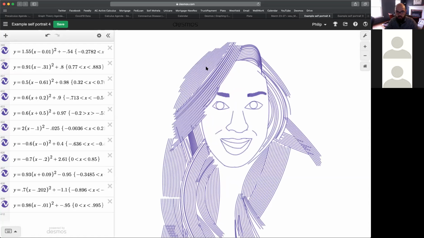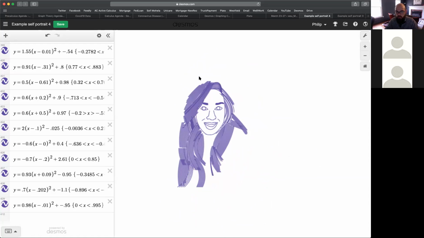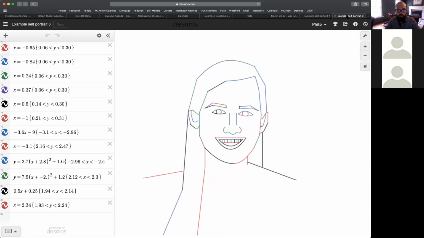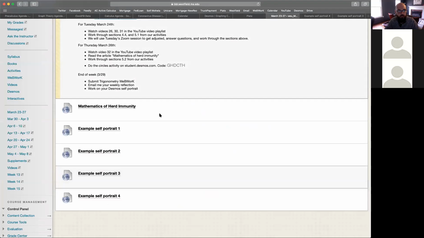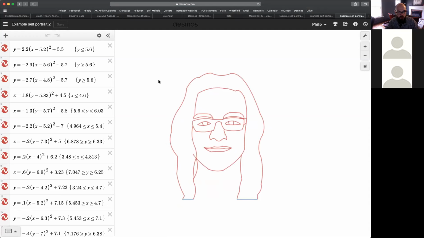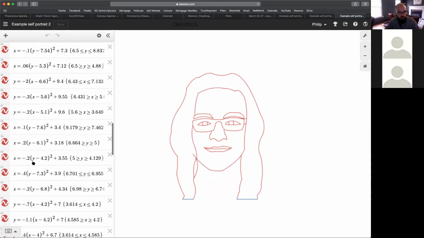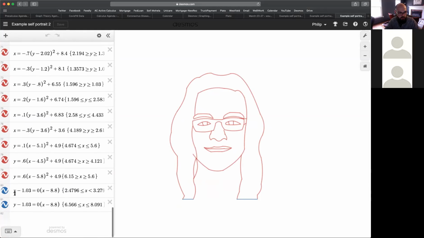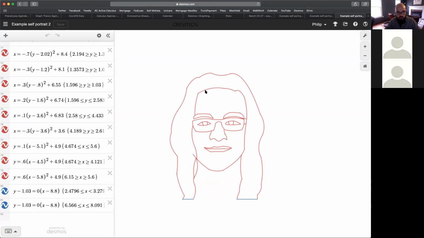I think there are some techniques in here, like with the hair, that are pretty nice to see. But it could be like this, right? So this one's just over 80 lines, and you can see the outline is traced here. And I think this one as well, just over 80 lines, and we just get the outline.